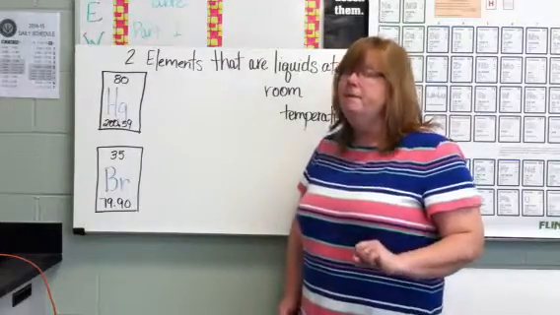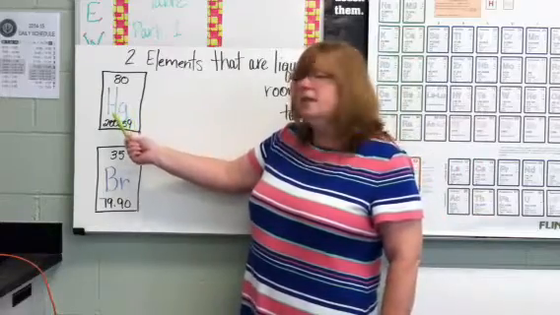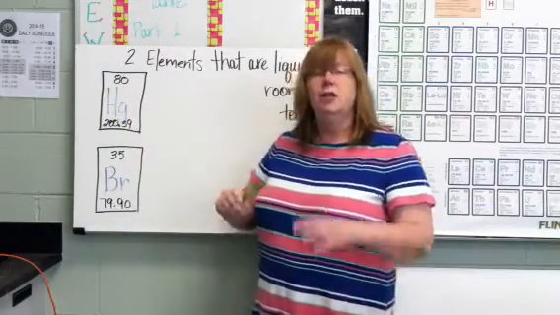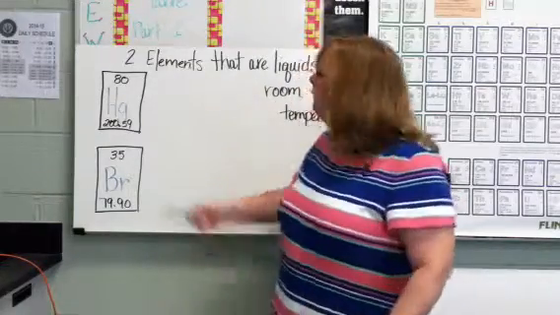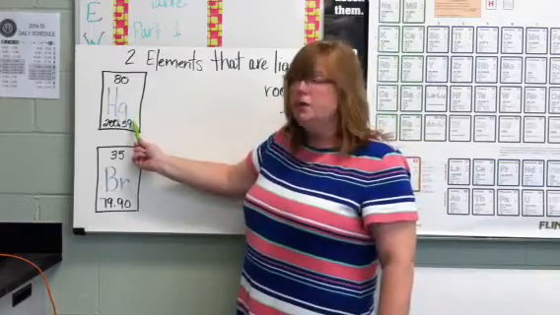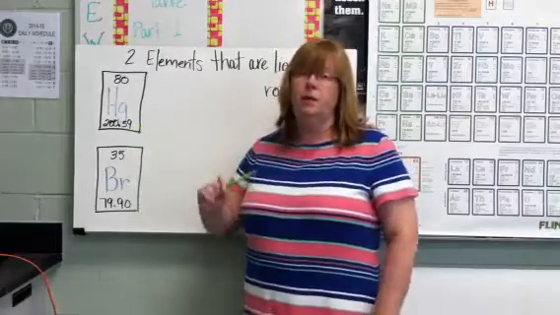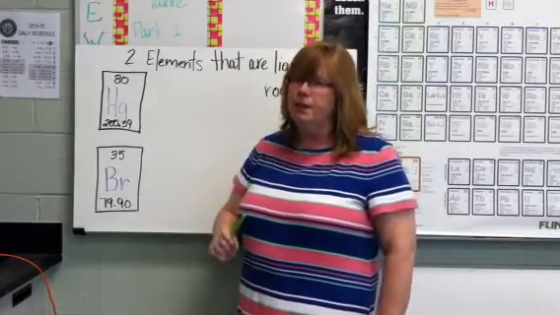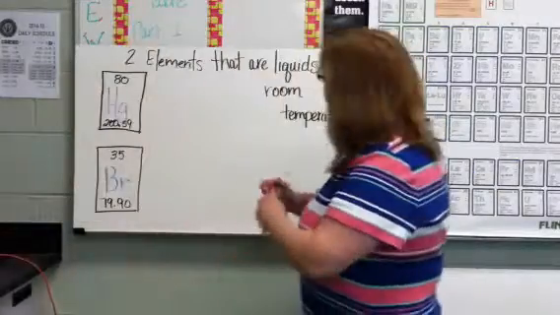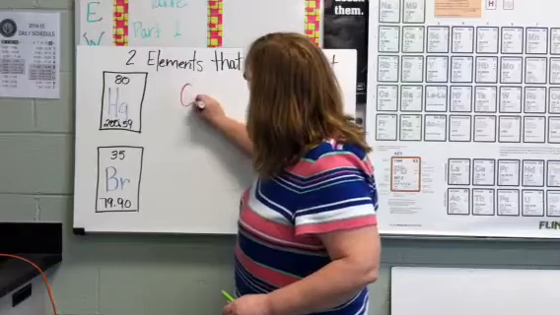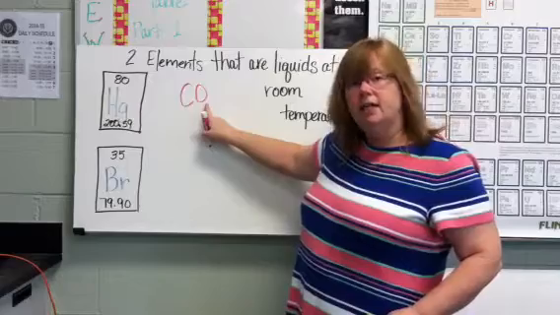This also brings up a very important point. When you're writing the atomic symbol, the first letter is always capitalized. For carbon, it just had 1 letter for the symbol, capital C. For mercury, it has 2 letters. The first one is capitalized, and the second one is always lowercase, and that's really important. If we did a capital C and a capital O, that's a carbon atom and an oxygen atom.